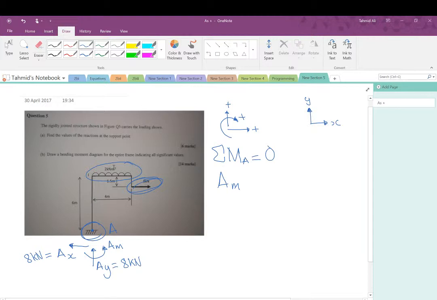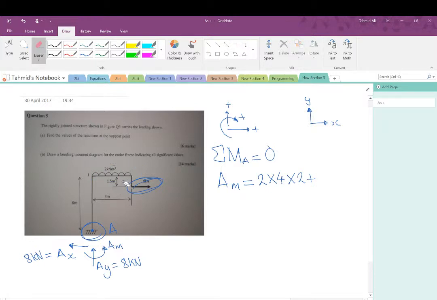Both of these loads make it go clockwise. So AM is going to be equal to 2 kilonewtons per meter times by 4, times by where it's acting, which is going to be half of that beam. So half of 4 is 2, and we plus 8 times by 6 minus 1.5.